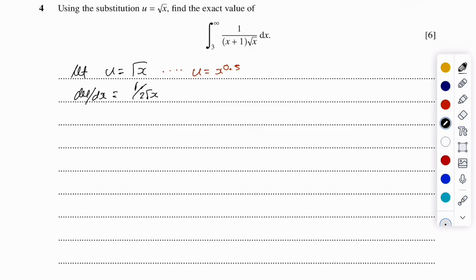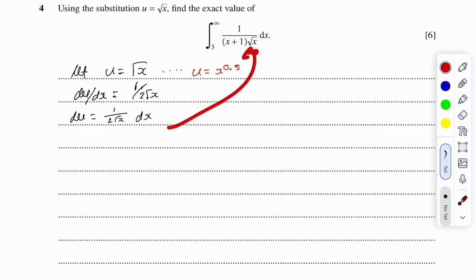Okay, which means that du is equal to 1 over 2 root x dx. Perfect. And that actually has helped us out a lot. Okay. Because we're approaching a form that we can then use to plug in, okay, over on this side.